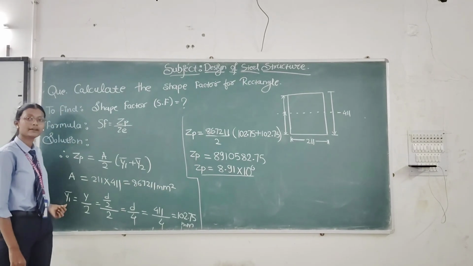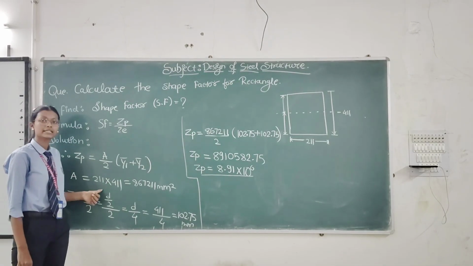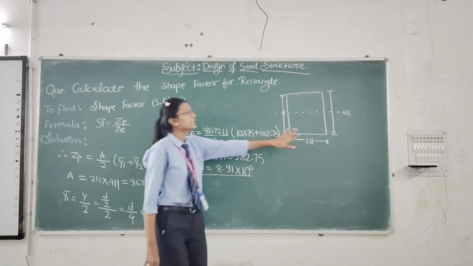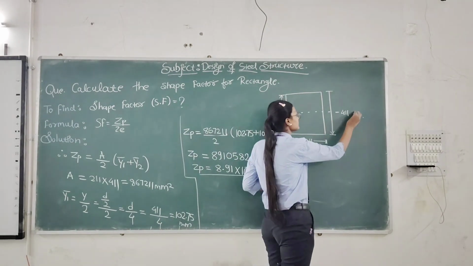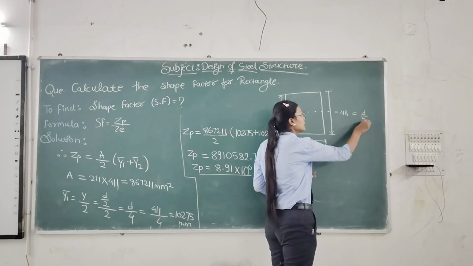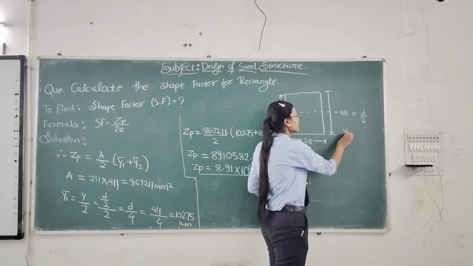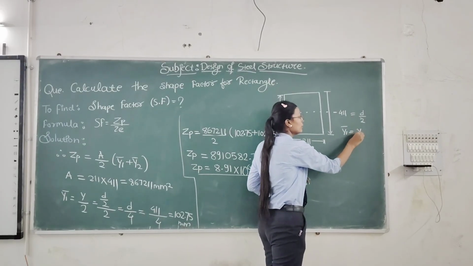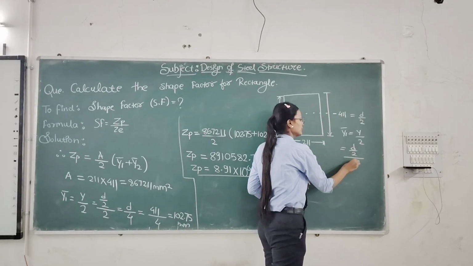Now we have to calculate Y1 bar. Y1 bar is y upon 2 and y is d upon 2 here. Depth is 411, so half of it will be d by 2. For y1 bar we have to calculate y by 2, that is d by 2 upon 2.